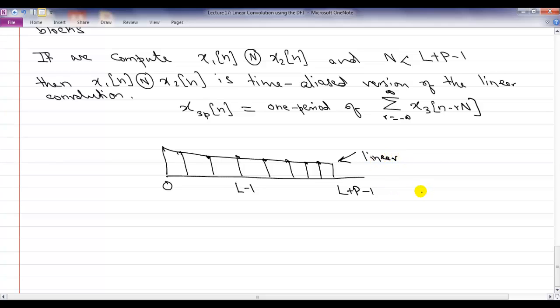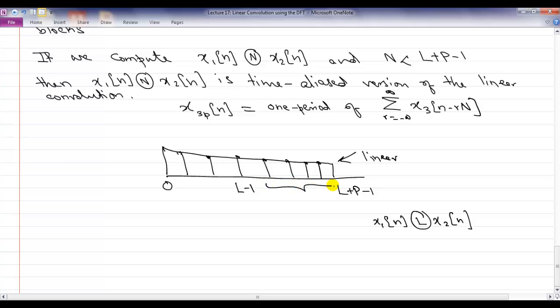And if I now do circular convolution with N equal to L, then what happens? In circular convolution, my output will be of length L, right? Because I'm computing an N equals L point circular convolution.